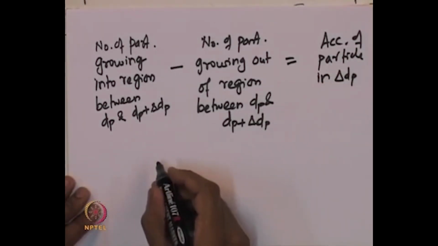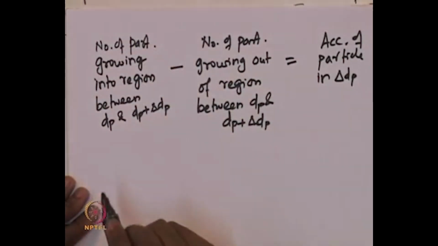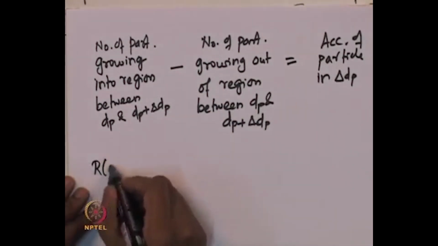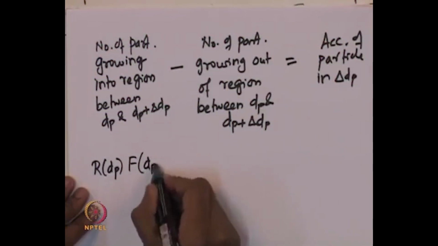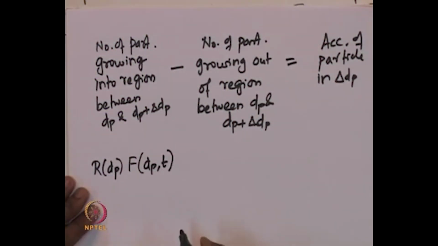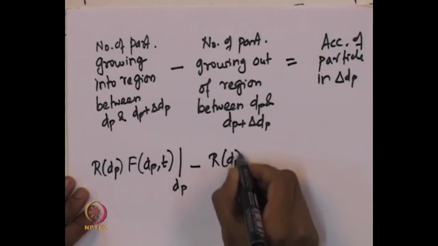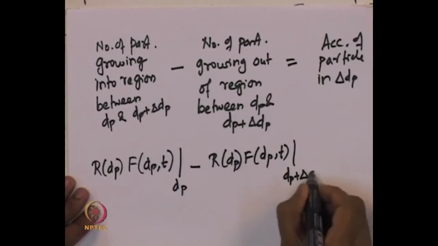Now, suppose r is the growth rate, which is what we defined a short while ago. Then the number of particles growing into the region between dp and dp plus delta dp is given by r of dp, that is the growth rate when the particle size is exactly dp, multiplied by the corresponding fraction f, which will provide the number of particles growing into this small interval of diameter, and that is evaluated at dp minus delta dp.